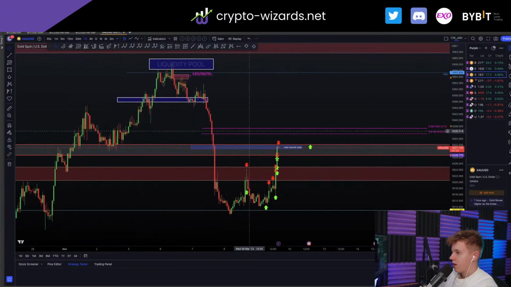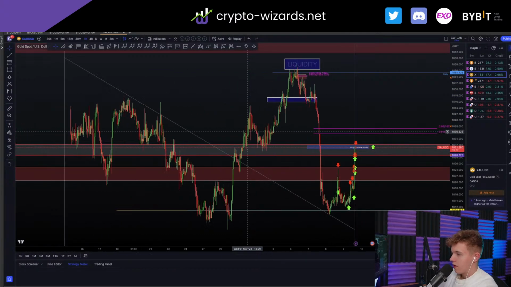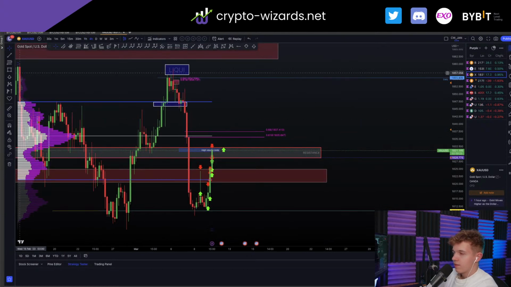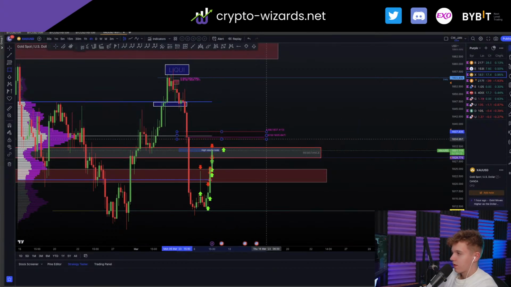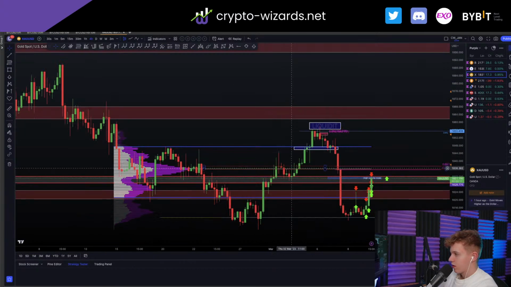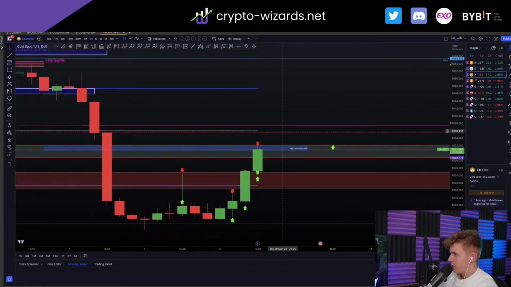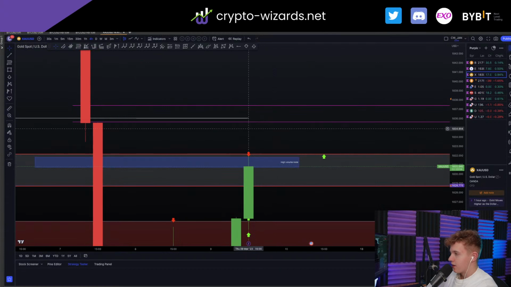Yeah, this zone looks very nice, but can we find something else? Well, not really. This is not an SR zone, but I think the price is going to be attracted to the POC.